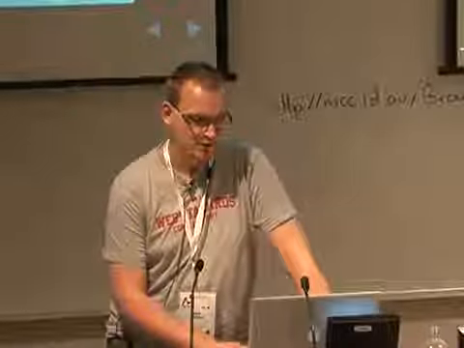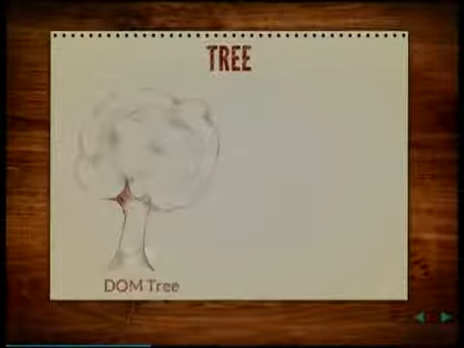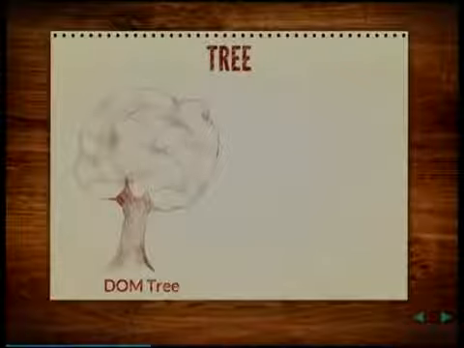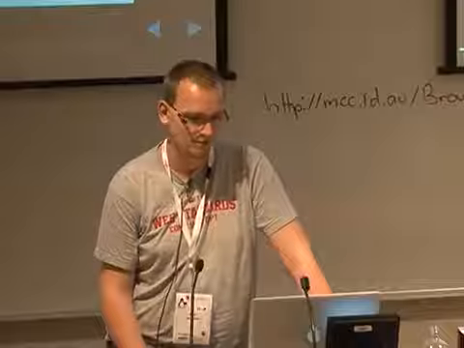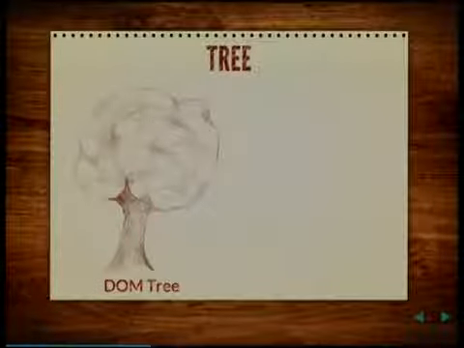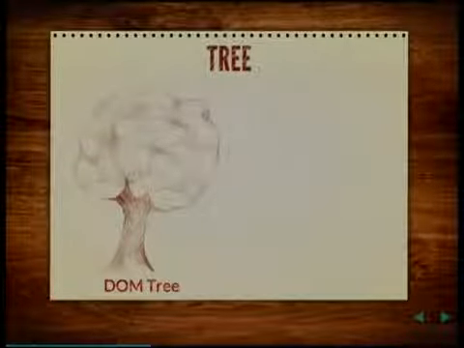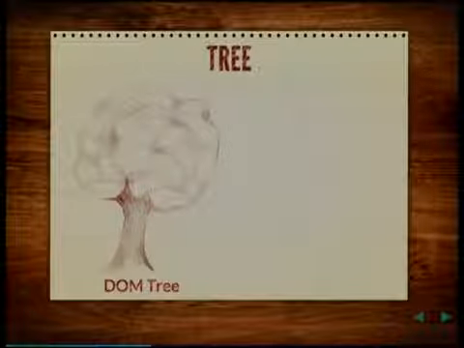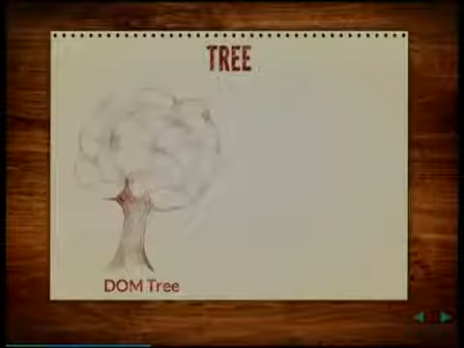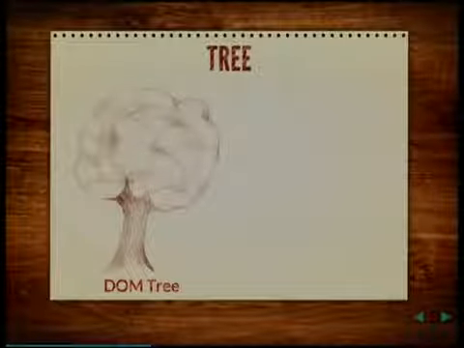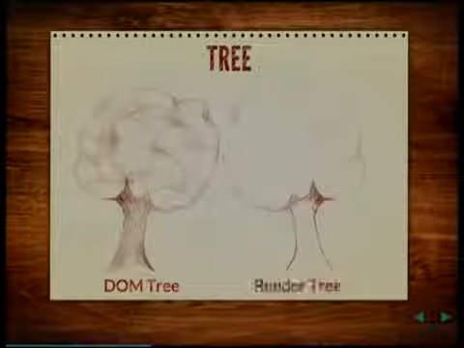I mentioned before that these DOM elements need to be structured somehow. Therefore we need a tree, and we call this tree the DOM tree. Just open one of the specifications from HTML or SVG or any XML language and you will see that this is actually just the specification. We follow the specification when implementing it. But one very important difference is that we do not only have the DOM tree, we also have the so-called render tree.